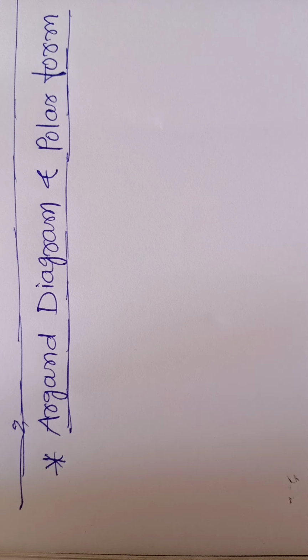Actually, we know that Cartesian coordinates, if we want to put in a system, then that system is said to be a coordinate system. But if any complex number z equals a plus ib, actually we know that a complex number z equals a plus ib represents a point in a plane, then that point we may represent in the Argand plane.